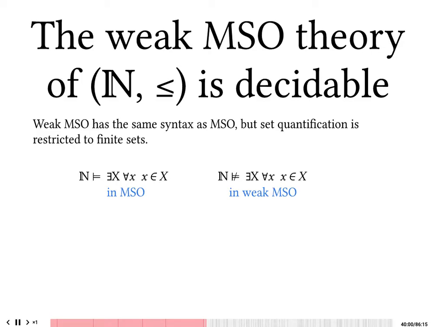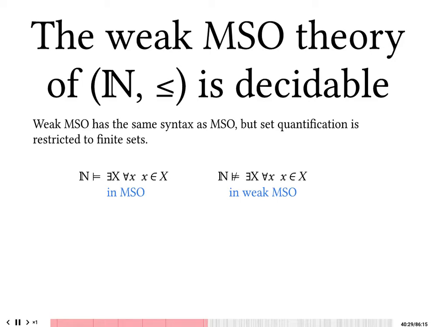But in fact, over the ordered natural numbers, it is rather easy to see that weak MSO can be embedded in the usual full MSO. In the following way. You can write a formula in the usual MSO, where quantification is over all unrestricted sets, which says that a set is finite. Namely, you say that there is an element which upper bounds all elements of the set.